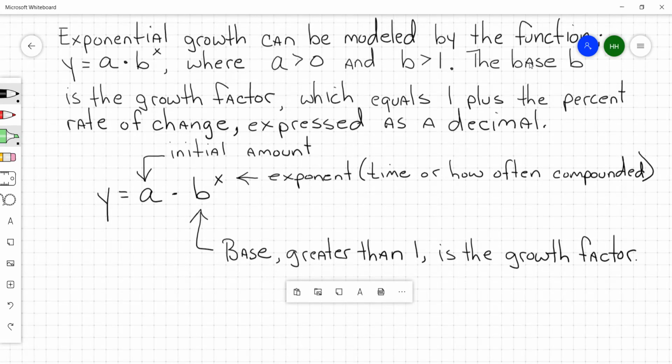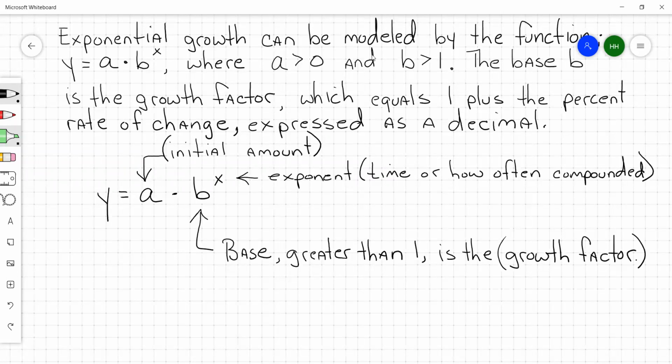If somebody invests in a stock in the stock market or in a mutual fund, they invest an initial amount, and they expect growth of their money, all right? And that's this growth factor. And as that money grows over time, that's your exponent.